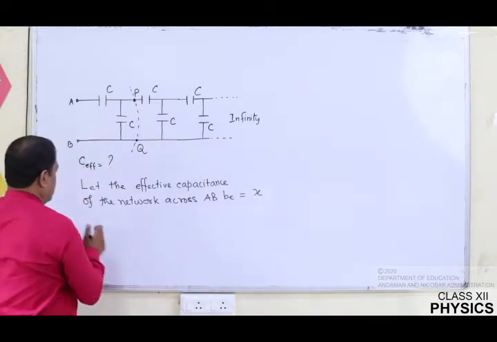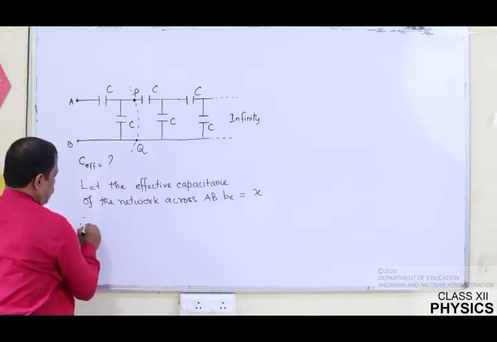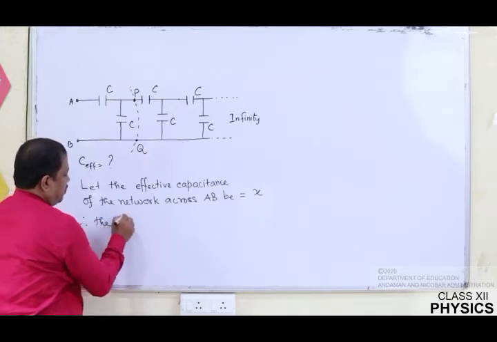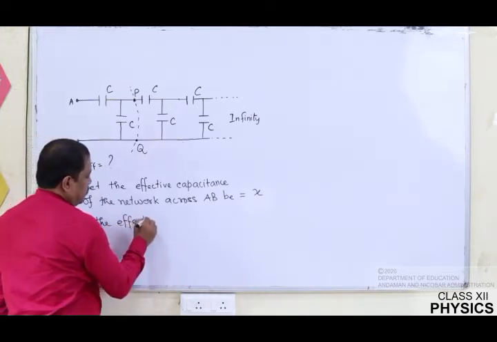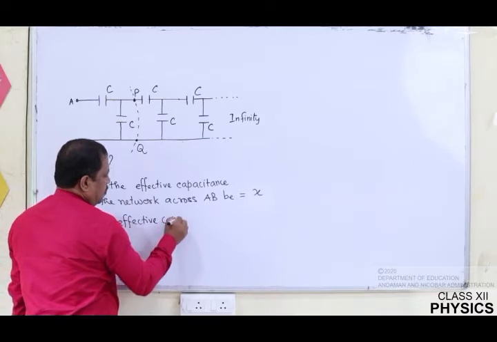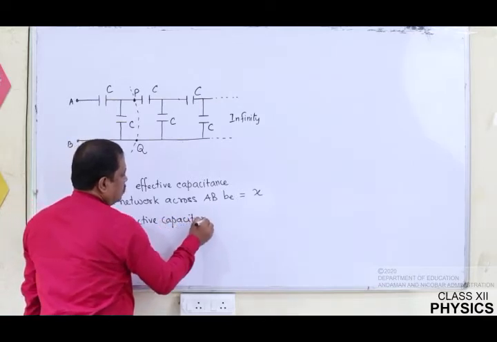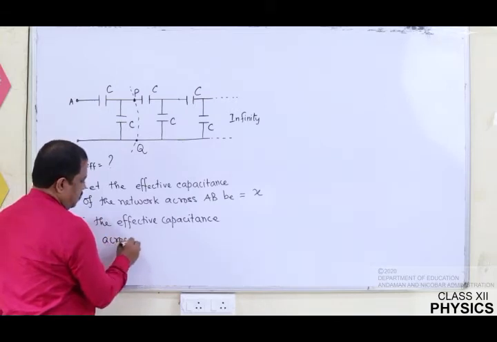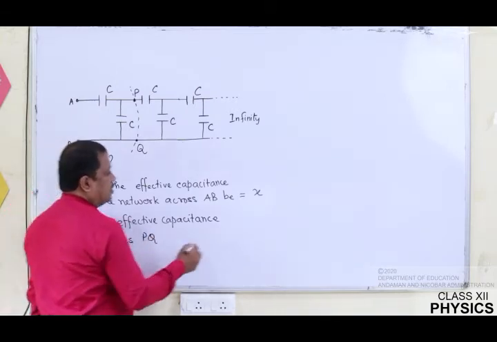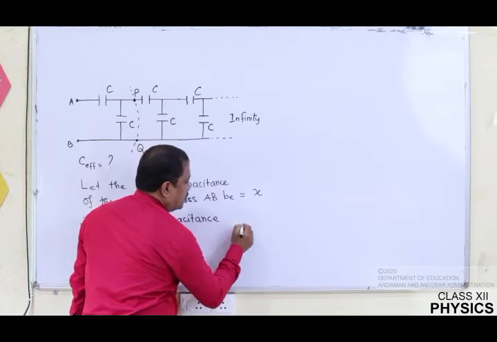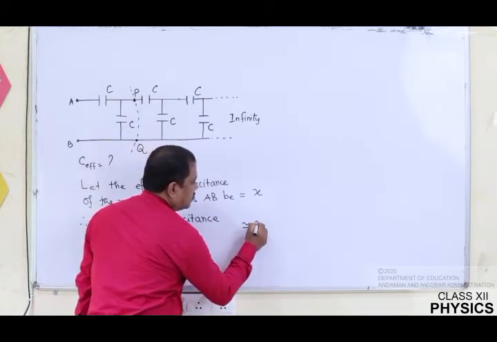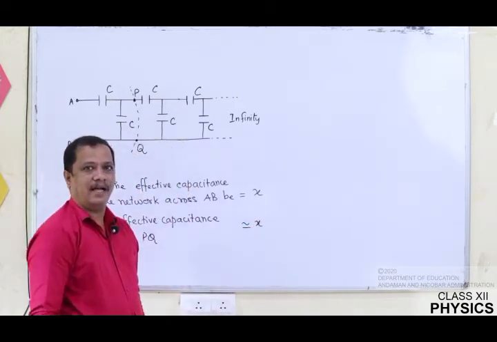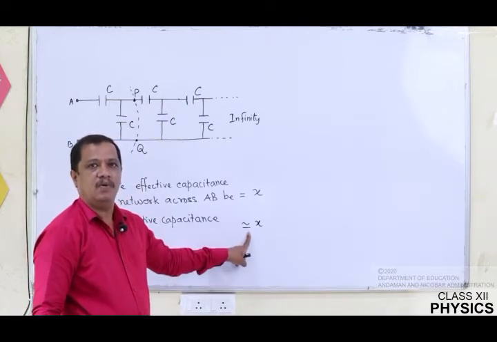So the effective capacitance across PQ is approximately equal to X, though not exactly equal.